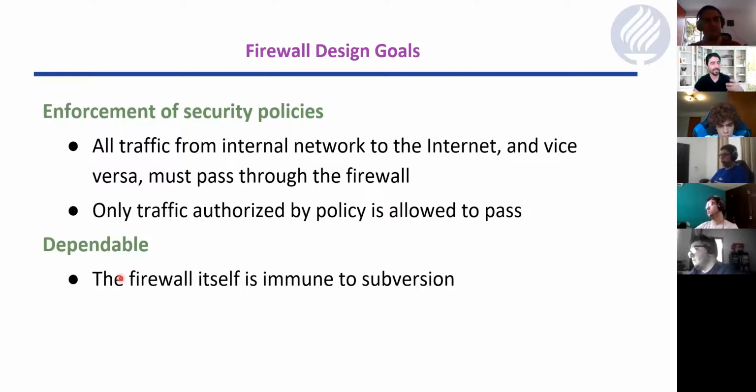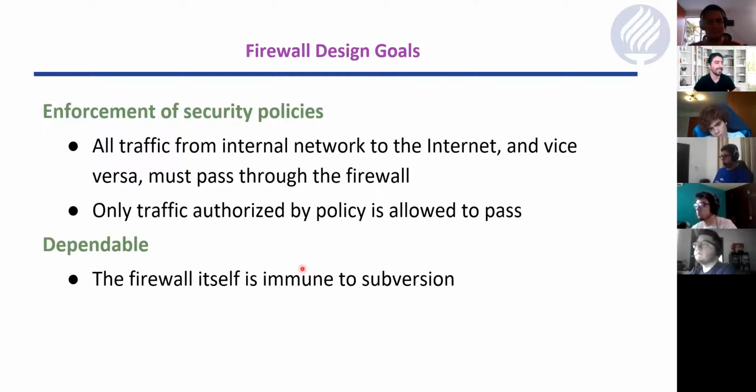And of course, all this traffic should pass through the firewalls, so it makes it a single point of failure. Imagine if you cannot trust it, like the trusted computing base that we were talking about. The firewall is not the TCB, don't confuse that.